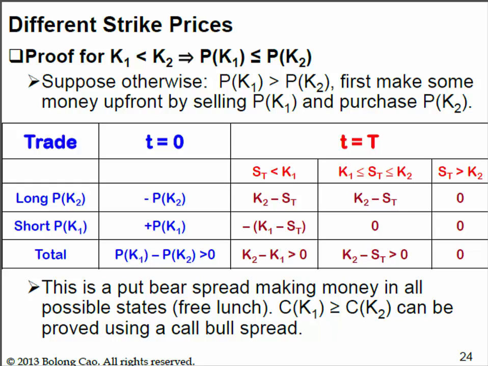And to prove that, you can do this as an exercise. Think about a bull spread using calls, and you should be able to receive money upfront, and then the payoff in all states of the world is non-negative.